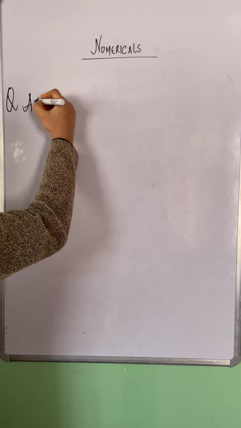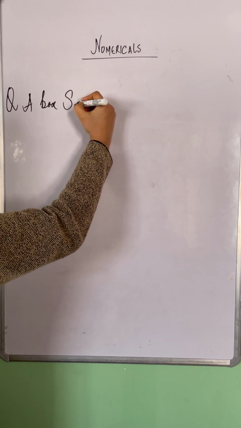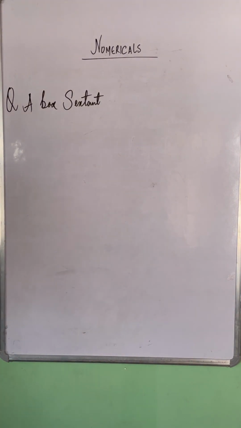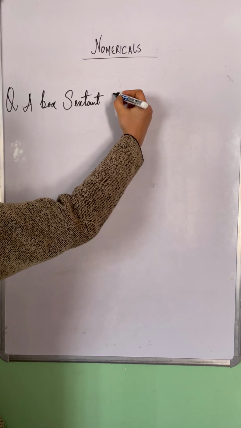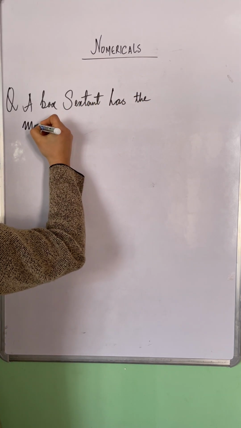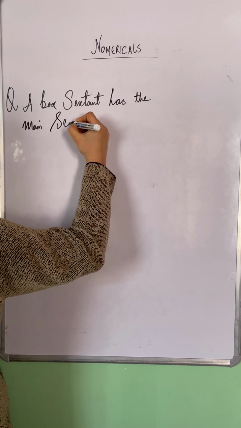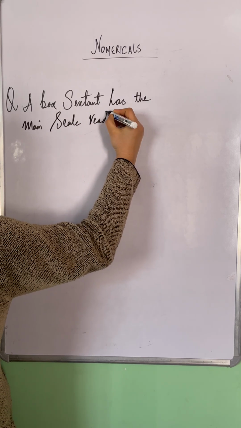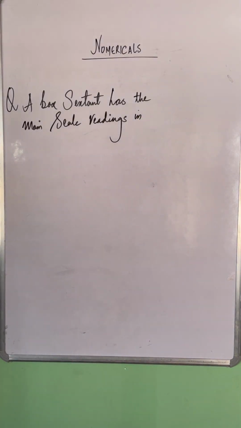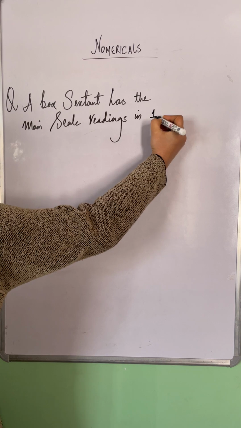Next question is a box sextant. A box sextant has the main scale readings in 10-minute graduations.